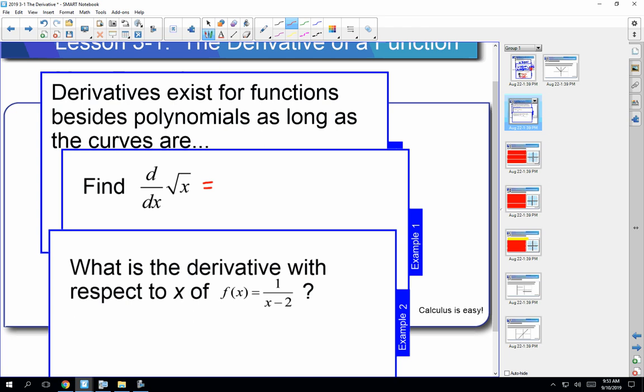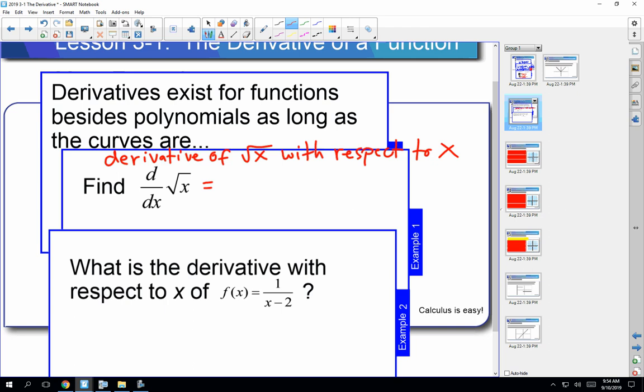The actual function, okay? We're asking for d root x of dx. So it's the derivative of square root of x with respect to x. I think we should write that down. Find the derivative of square root of x with respect to x.